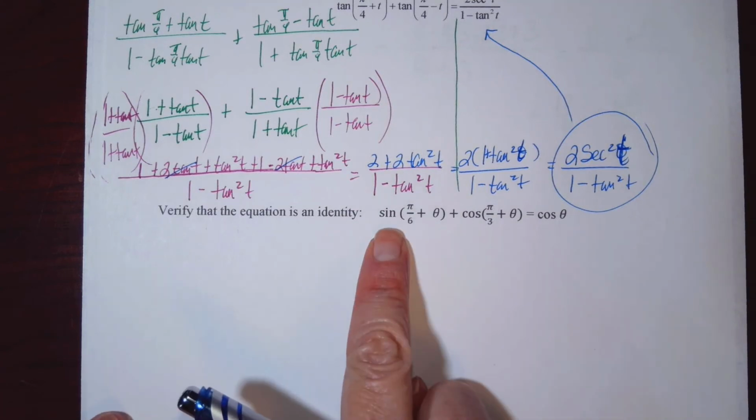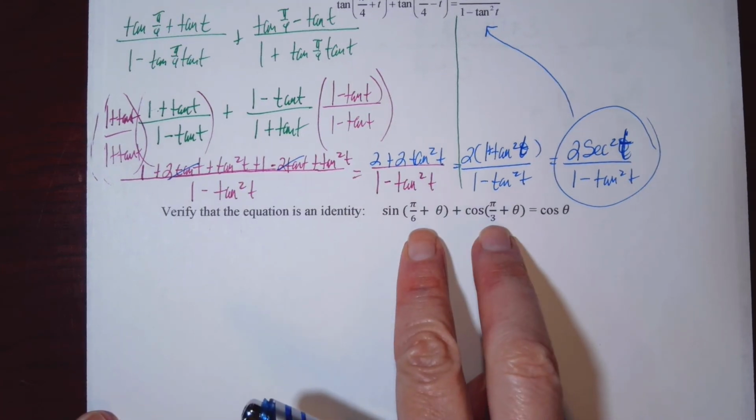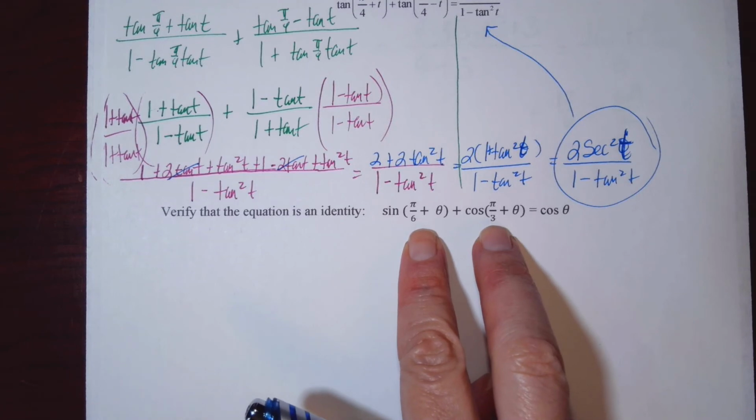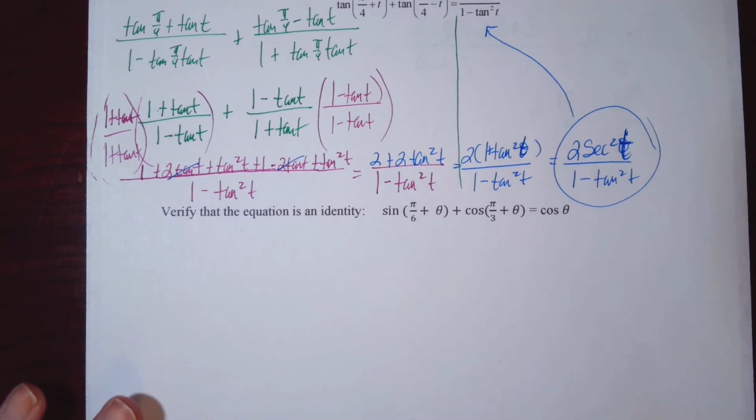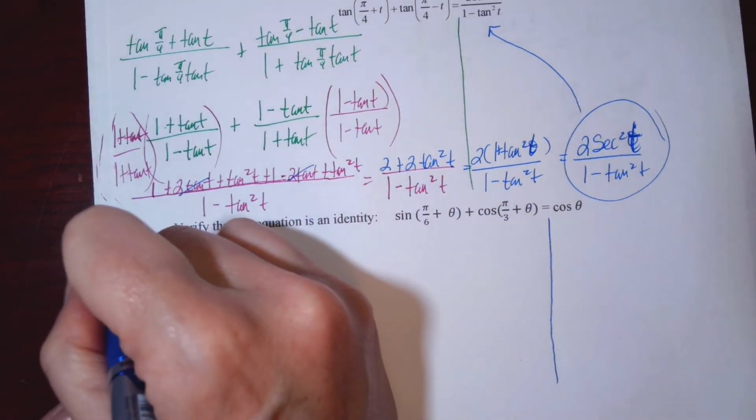I've got a sine sum and a cosine sum identity. These are both special angles, so I know I'm going to plug in values that I know here. I'm going to start with this left side. Sine sum, cosine sum.